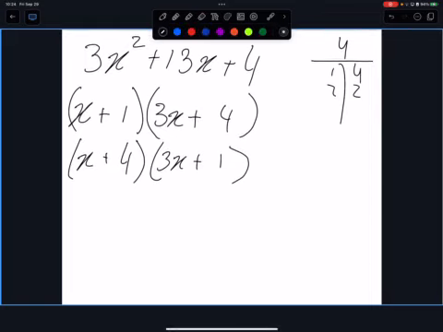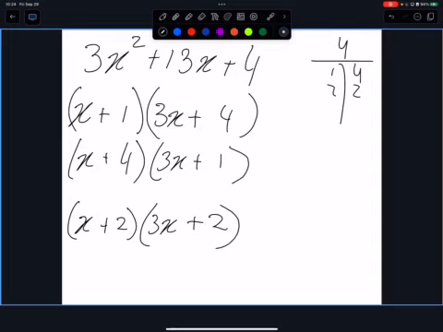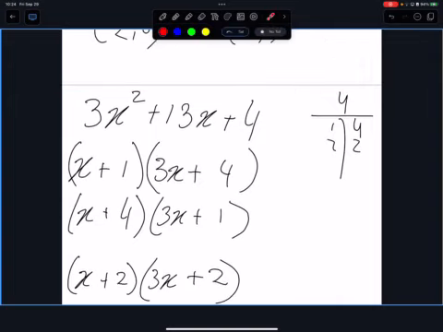Certainly, we have x plus 2 and 3x plus 2. Those are the three options that I have. And then we pose the question, which one is correct? Easy. You already know the first term is correct, and the last is correct. The only thing you're looking for is the one in the middle.